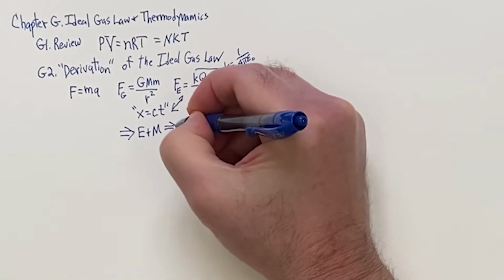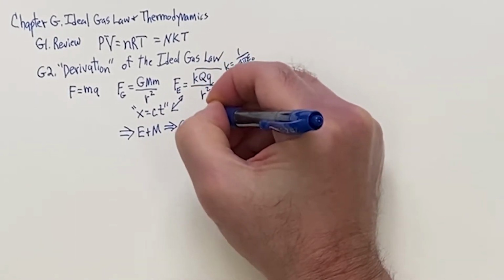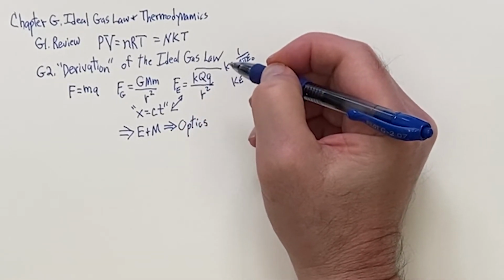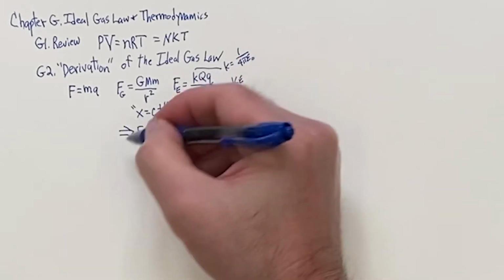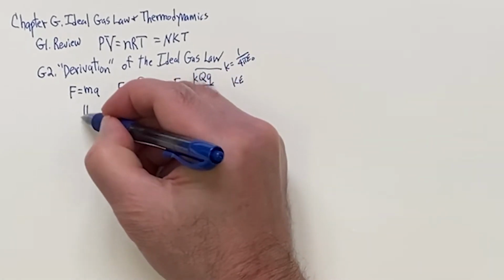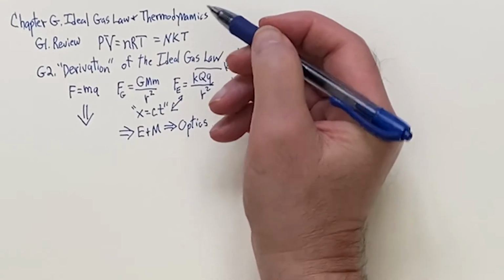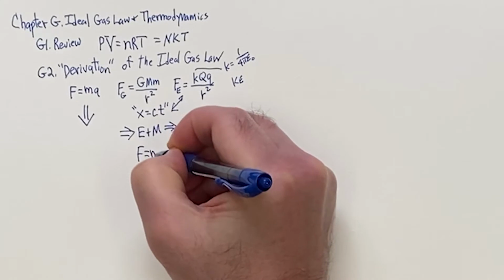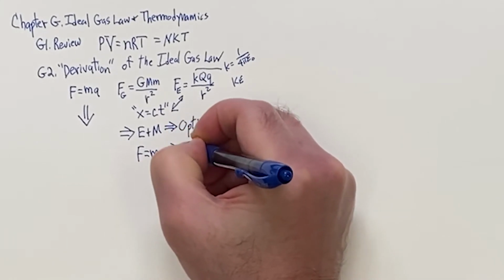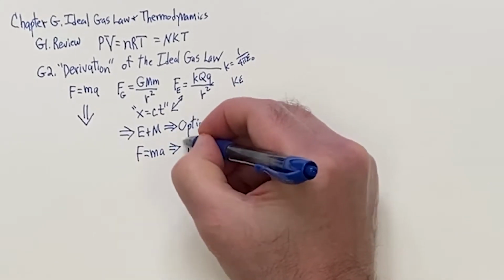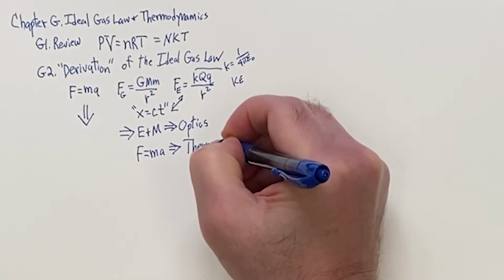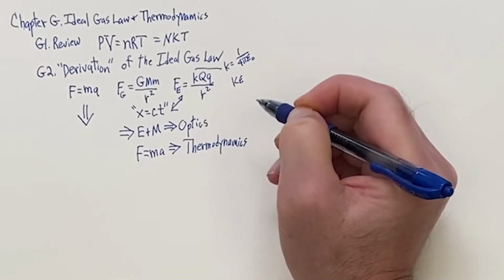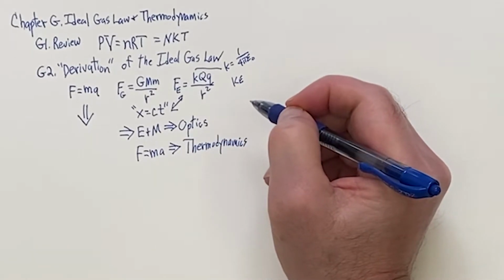And then out of E&M was born optics, light, the speed of light. So we're going to see here that F equals ma is going to get us a way to understand thermodynamics. And we're going to start with the ideal gas law.